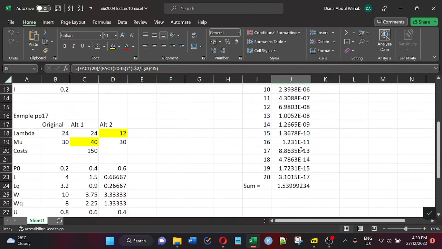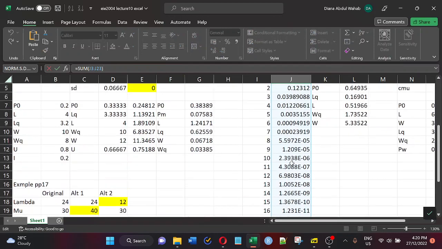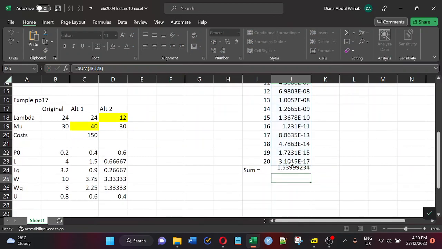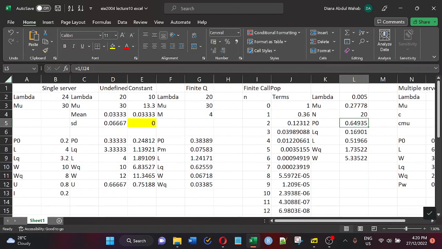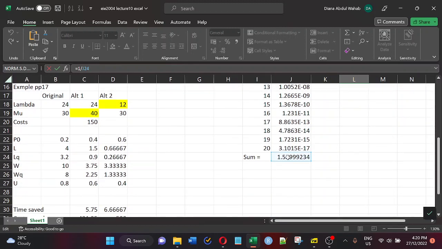And finally you add all this. This is the sum of everything here. Then to get the P naught, you just take 1 divided by the sum of what you got here.